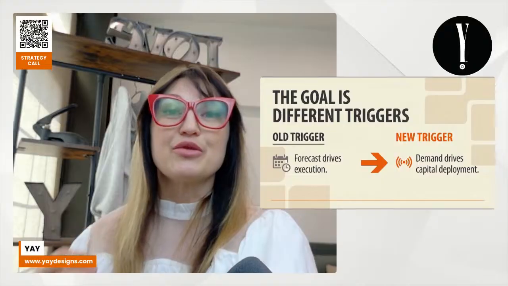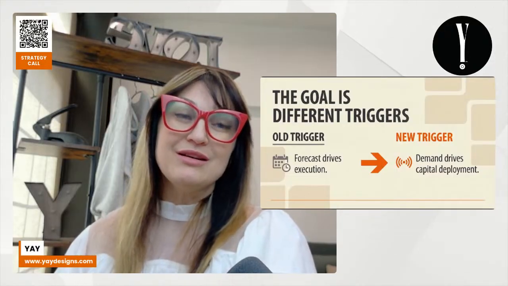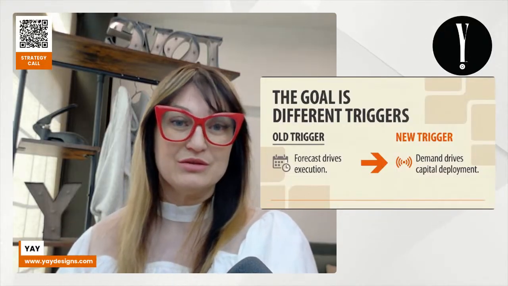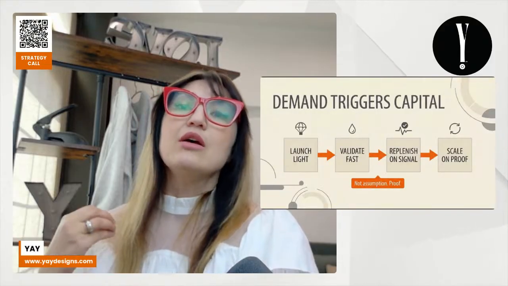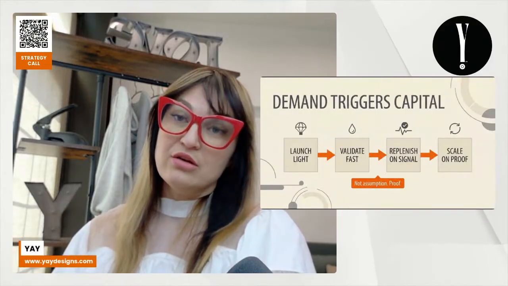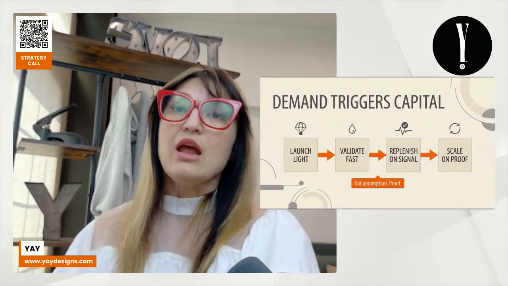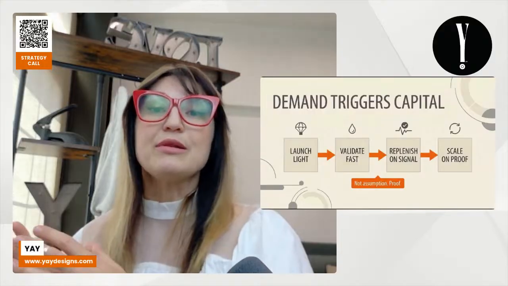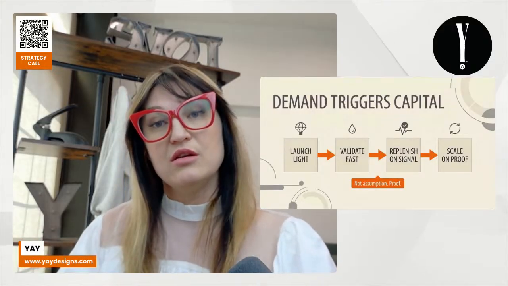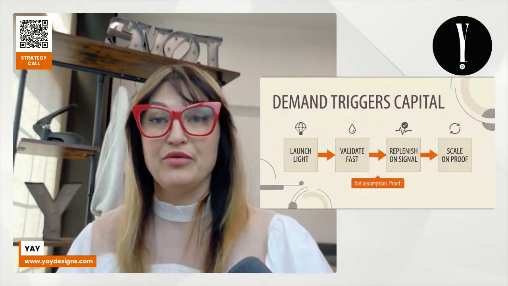Demand really should trigger capital deployment and not just the forecast alone. If you think about it, right? You launch lighter, you validate faster with this type of a system, and you are also replenishing based on a signal. You scale based on the proof.